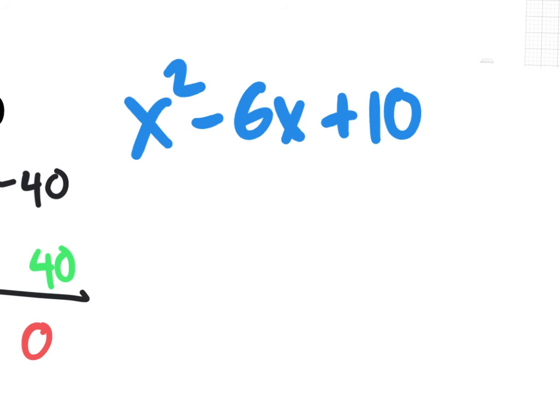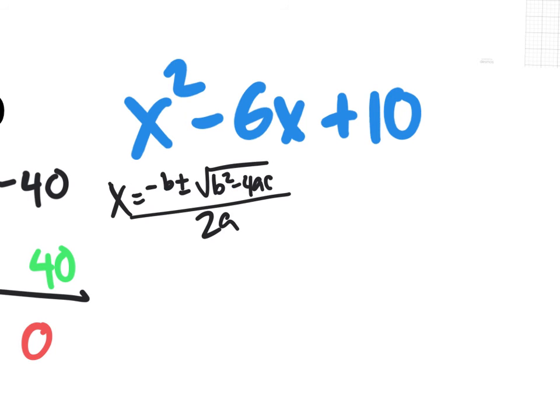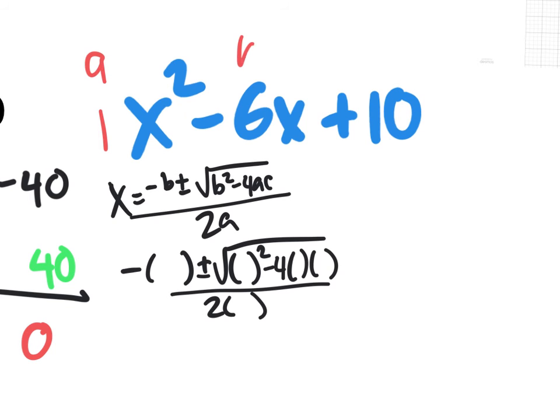We're going to solve it with the quadratic formula. And when we use the quadratic formula, let's use parentheses when we plug in our values. Let's identify A is 1, B is -6, C is 10. So plugging in the -6 for B, the A value of 1, and the 10, we will end up with a positive 6 plus or minus the square root of 36, but then I have -4 times 1 times 10, that's -40.